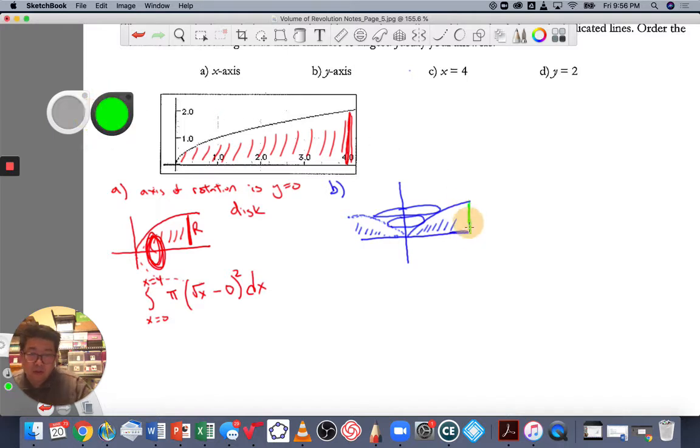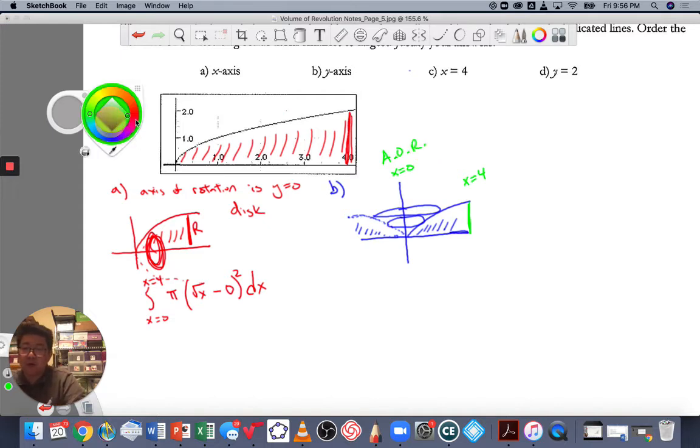This line right here, x equals 4. This right here, axis of rotation, x equals 0.